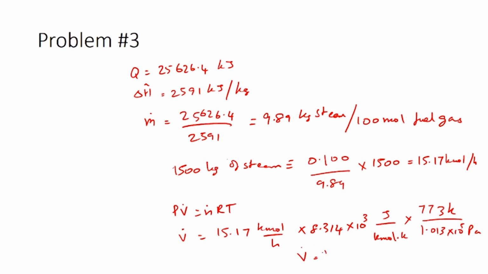So, V dot would be equal to 962.4 cubic meters per hour. So, 962.4 cubic meters of fuel gas has to be burnt per hour to get 1500 kilograms of steam with the given conditions.